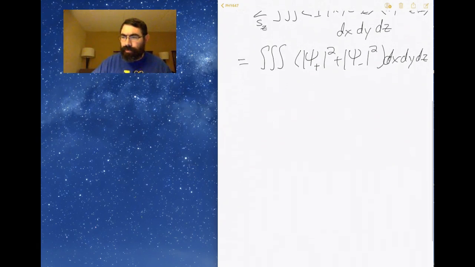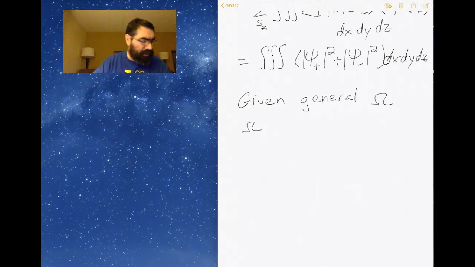Operating on this spinner with some, so given a general operator, which we haven't defined, we'll just call it capital omega. So capital omega operating on the state psi, remember, is actually a matrix operator.